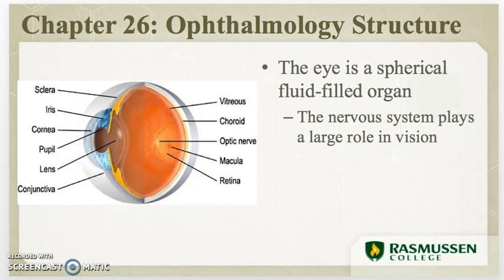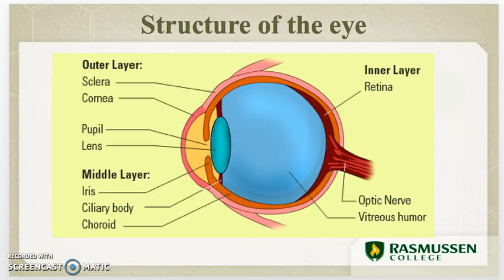So knowing that the nervous system plays a huge role with vision and what the eye is, we need to start talking about what the structure of the eye is. So the eyeball itself is housed in a cavity of the skull called the orbit. The eyeball is divided into two cavities, either the front or the back.